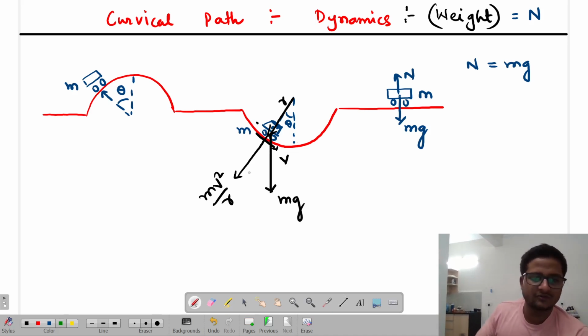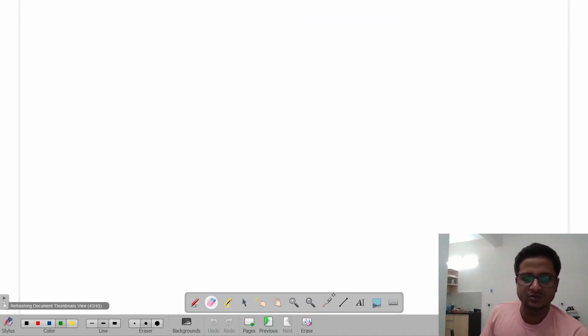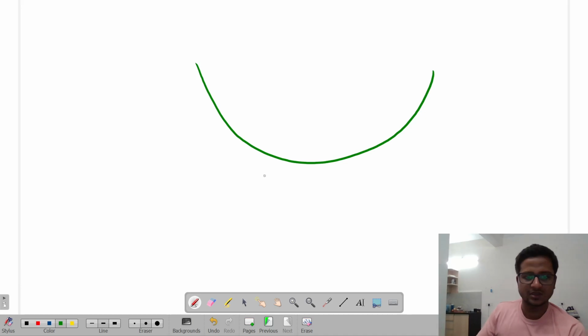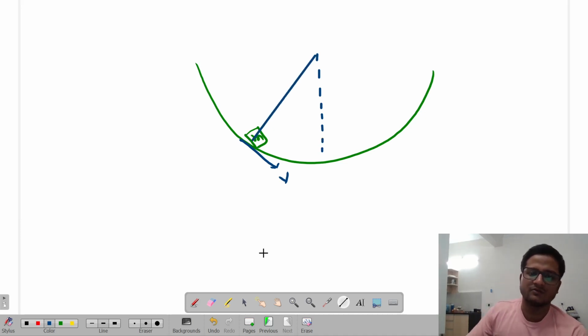You know that car has some weight which will be vertically downwards, which will be exactly equal to how much? mg. So if I see, अच्छा अब ध्यान से देखो, इसको मैं थोड़ा सा अच्छे से जूम करके बनाता हूँ, ताकि तुम्हें समझ में आए। दिस इज माय कर्विकल कॉन्वेक्स पाथ, ठीक। यहाँ पे तुम्हारा कार मान लो मास m का है, जिसके पास वेलोसिटी कितनी है? v in this particular direction. Now this is my vertical direction, this is angle theta.